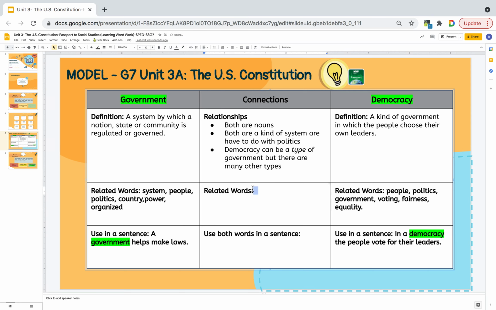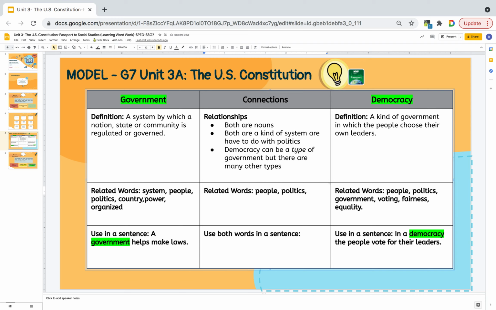Now we're going to move on to the middle column, which is our connections column. We've already found the relationships between both words, any similarities that we can find. Now we have to find how these words are related. They're related through people. I see this word repeated on both sides. They're related to politics.